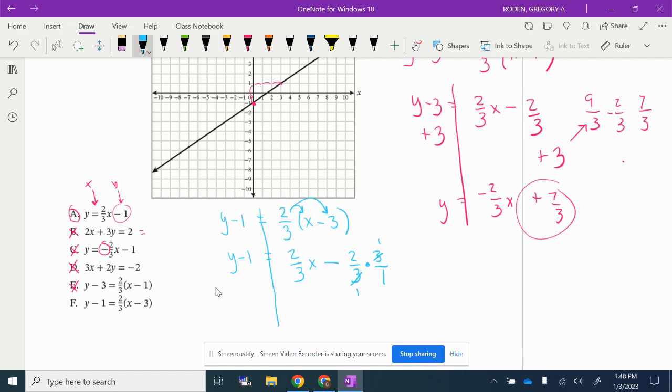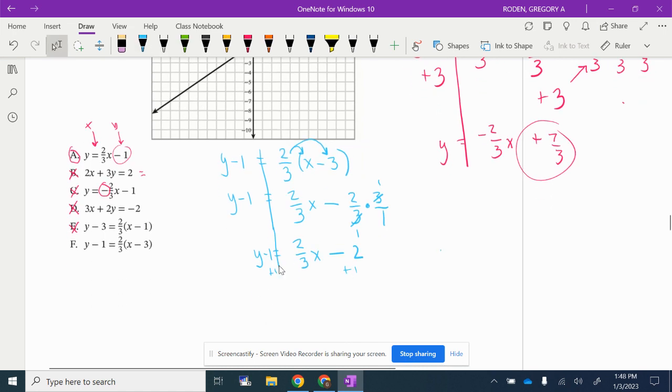So now I have y minus 1 equals 2/3 x minus 2, right? I do that right? And now we have to add 1 to both sides to get the y by itself.